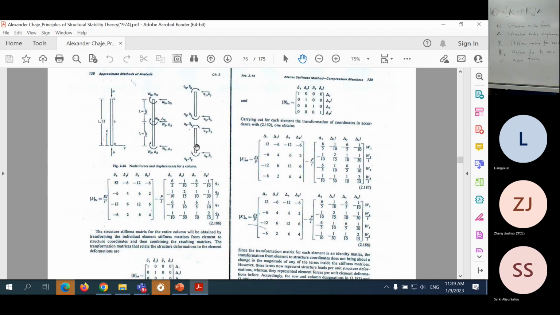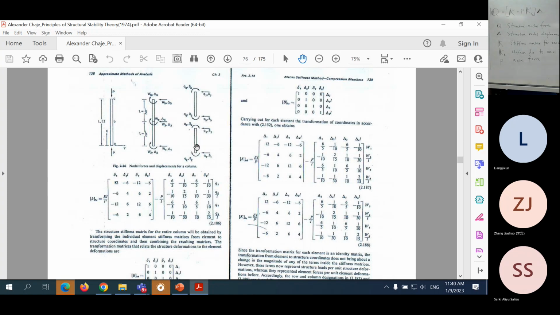So this is the starting one, which is common for all elements. And by going through coordinate transformations, we get the element stiffness matrix for each of the elements, already transformed. This is for element 1. This is for element 2. We already transformed it.